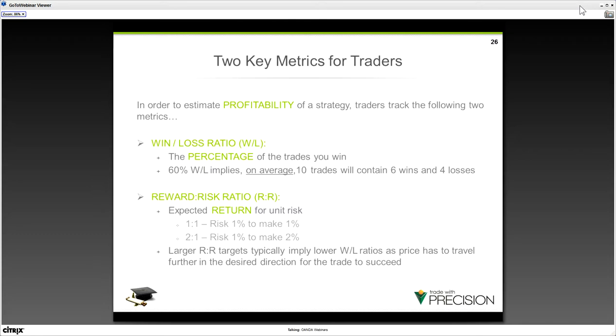Now, the higher the reward to risk ratio typically suggests that there will be a lower win-loss ratio, since price would need to travel further in order for the trade to be successful. Okay, so this is not necessarily a bad thing, since we can have a lower success rate on trades as long as it matches the reward to risk to make it a profitable outcome over a larger sample set of trades. Does that make sense to you?